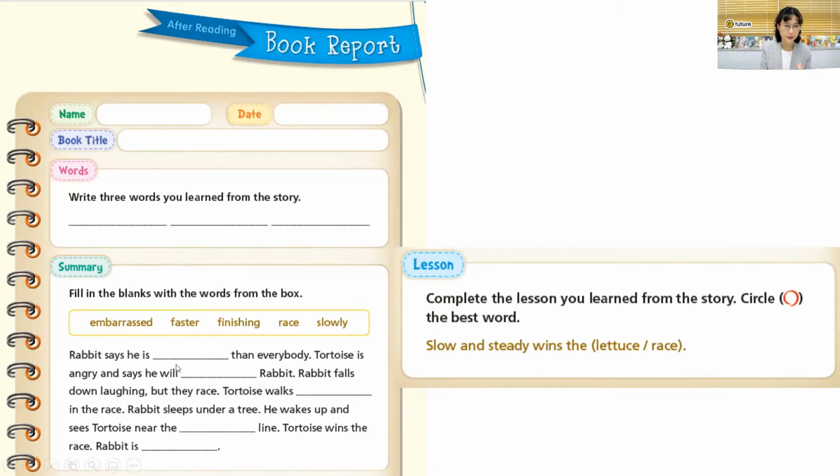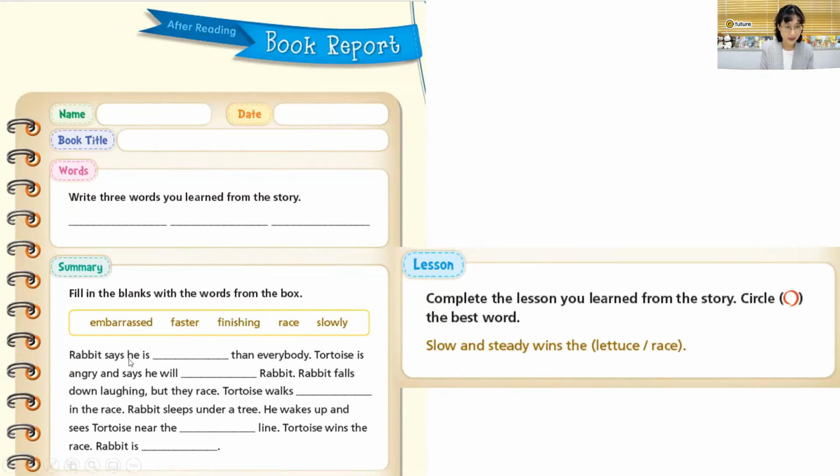So we have the words embarrassed, faster, finishing, race, slowly. So maybe you can do this together if your students need some help, or, if the students are capable of doing this, they can just do this by themselves.